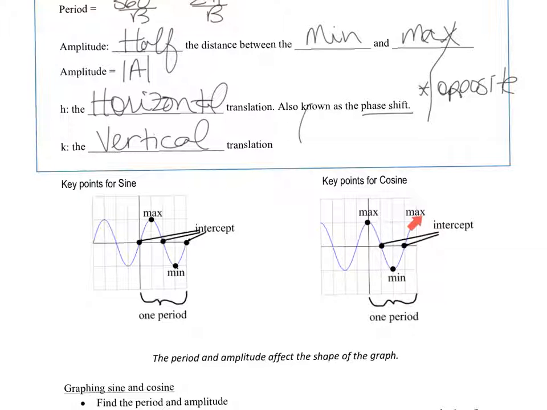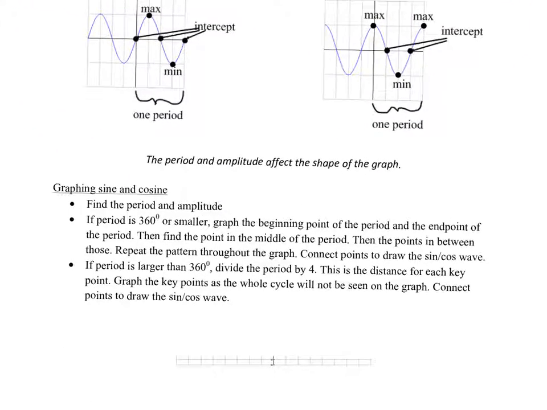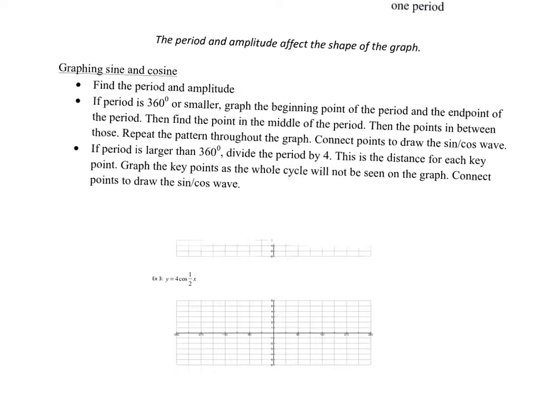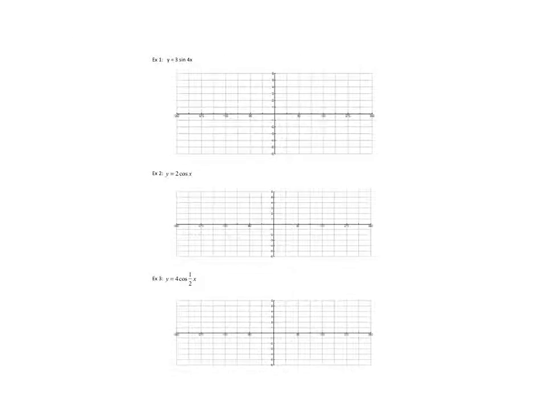Here's where it begins to repeat. The period and amplitude will affect the shape of the graph. So you can read these directions on graphing sine and cosine. I want to get right into the equations that are found on your next page.